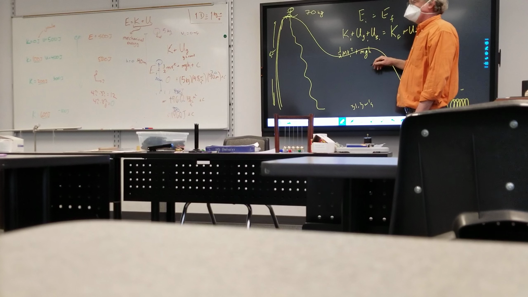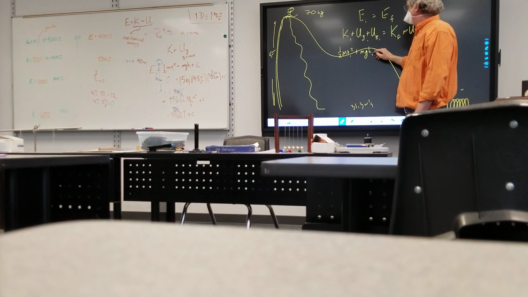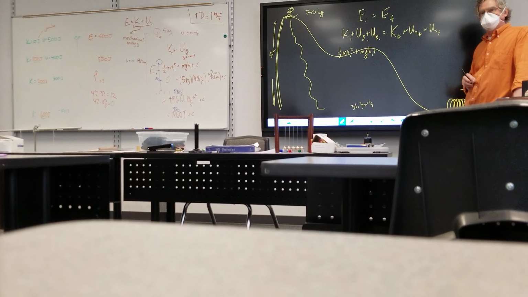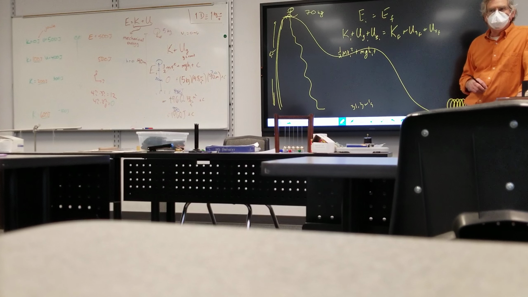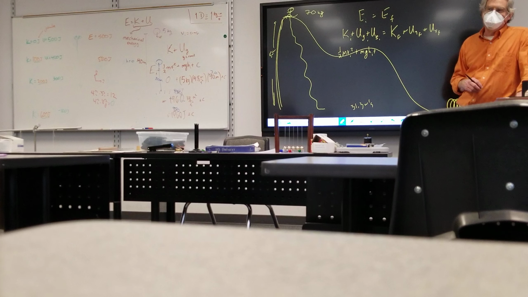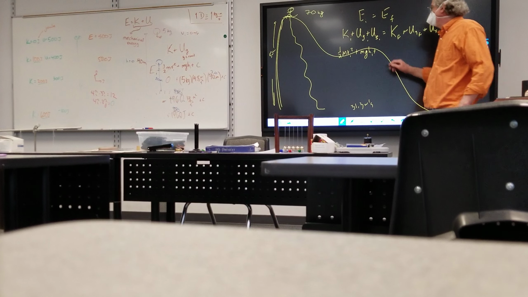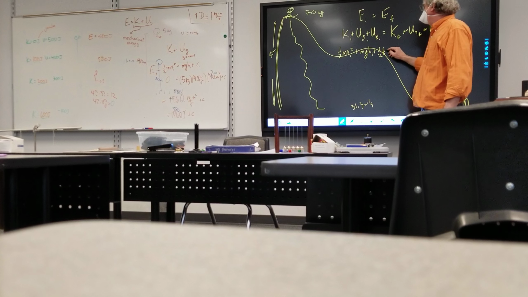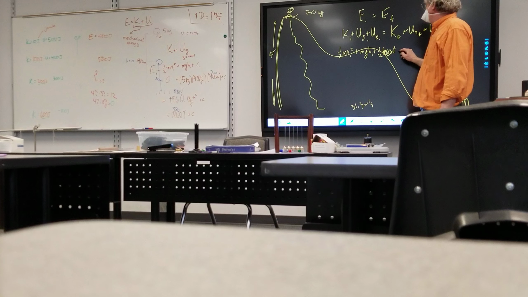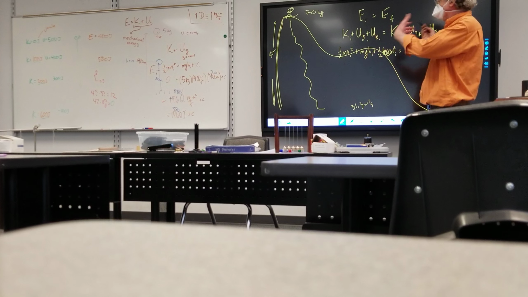I'm not gonna bother writing the M because it's gonna cancel out. What is the potential energy formula associated with an ideal spring or elastic material? 1/2 times K. Yeah. 1/2 K delta X squared, where little k is not the same as the big K, is equal to initial, is equal to the same stuff final.